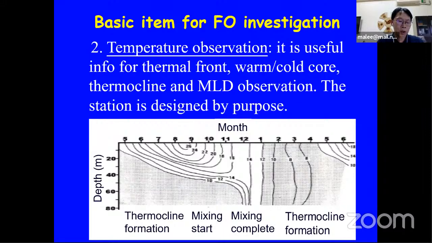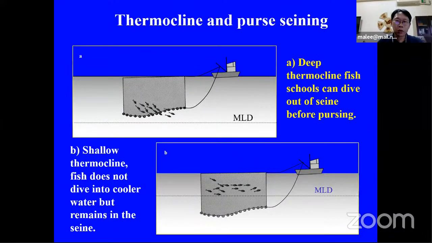So from December to January, it is hard to see the thermocline, and following the time, going to the next April to May, the thermocline forms again. So the temperature observation is most important for the fishery oceanography investigation. And this information is also important for the fishery.